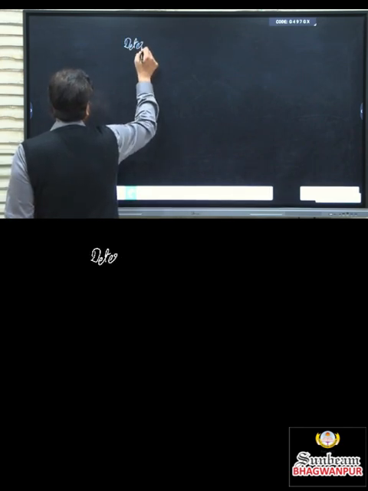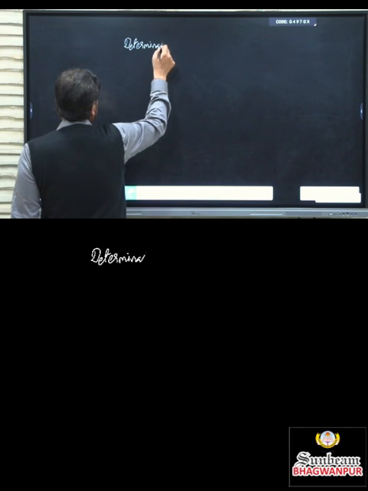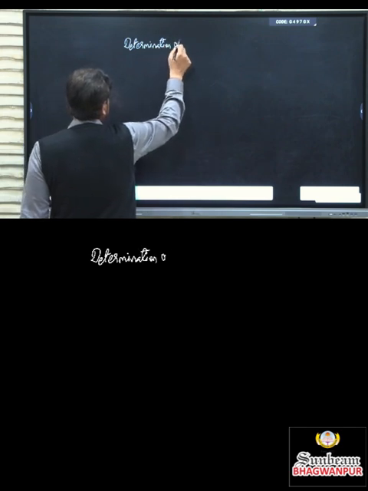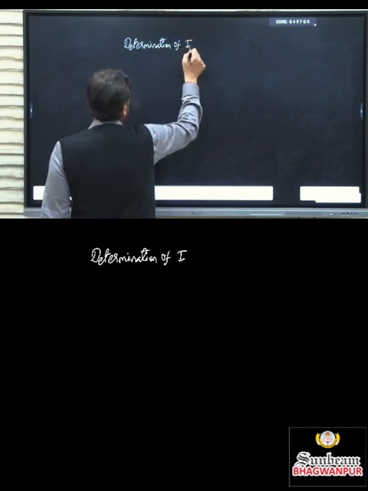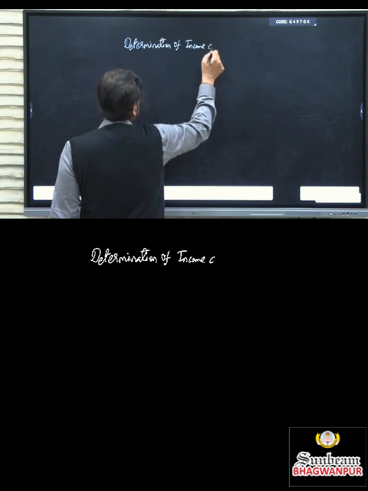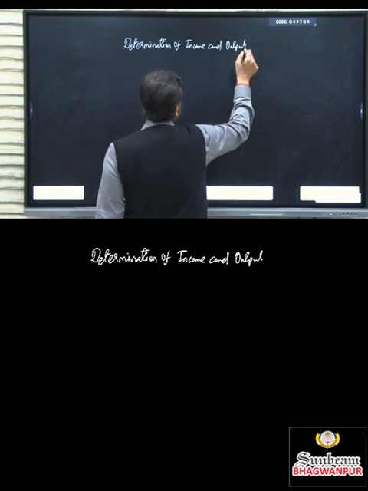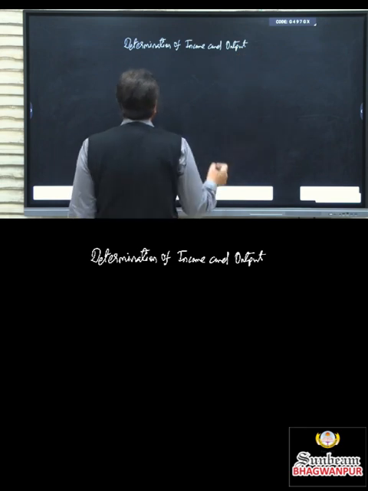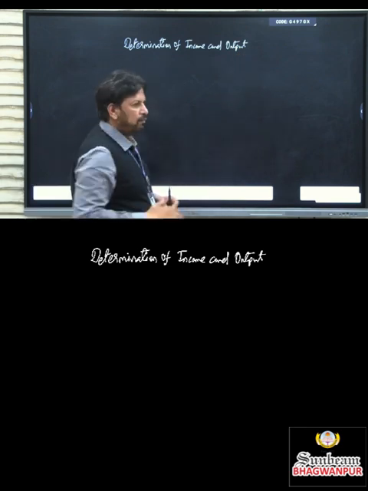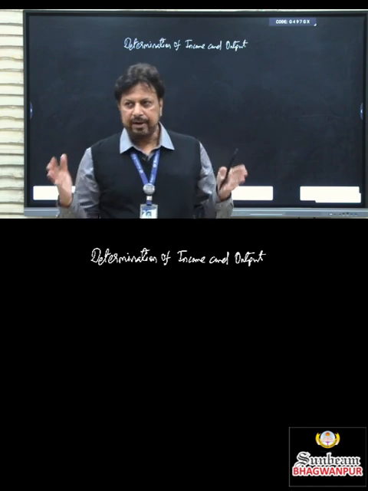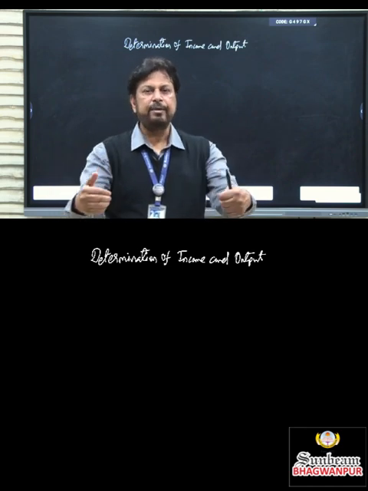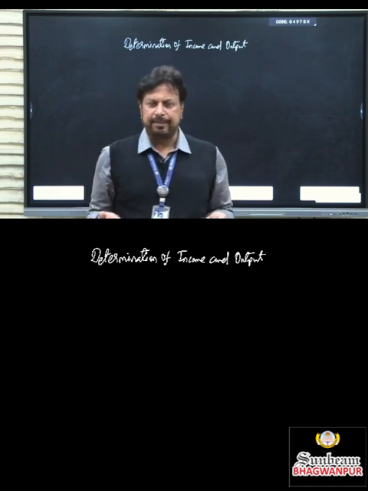Determination of income and output. Now we are going to discuss where the economy is actually going to be in a state of equilibrium.